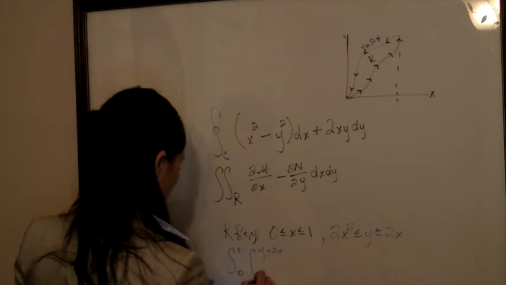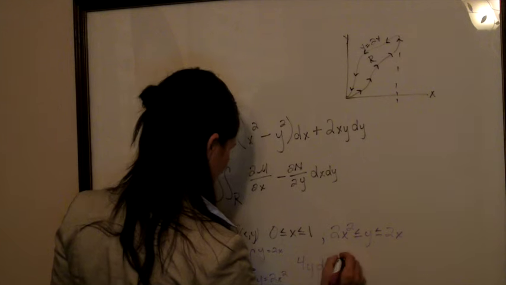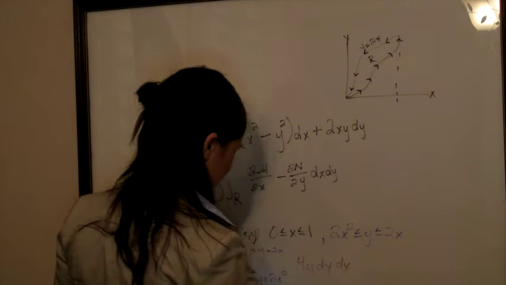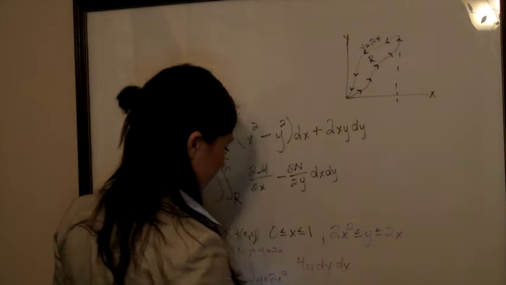And this is with the function of 4y dy dx. So I'm going to erase this so we can start working this problem.